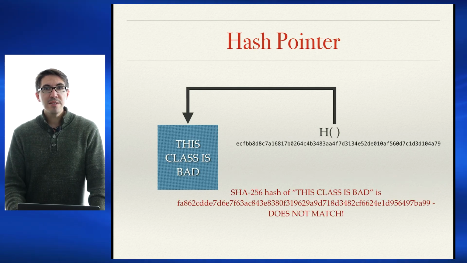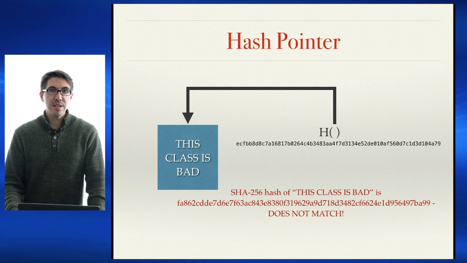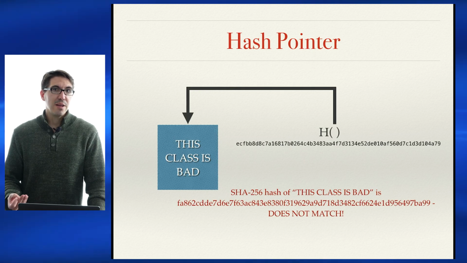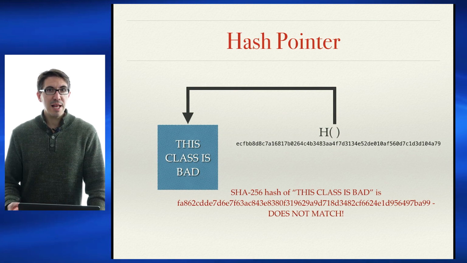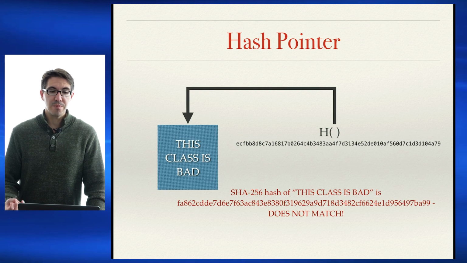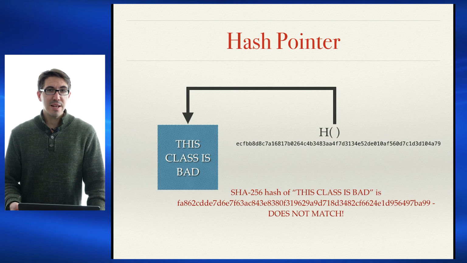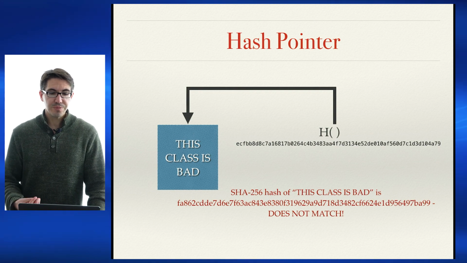Now, let's assume somebody tries to maliciously modify the data. It actually doesn't have to be malicious. There could be some other issue like data corruption, or somebody inadvertently changed it. So our hash pointer still has the same hash value, that ECFBB... However, note that our string, instead of saying "this class is great," now says "this class is bad," an obvious untruth.